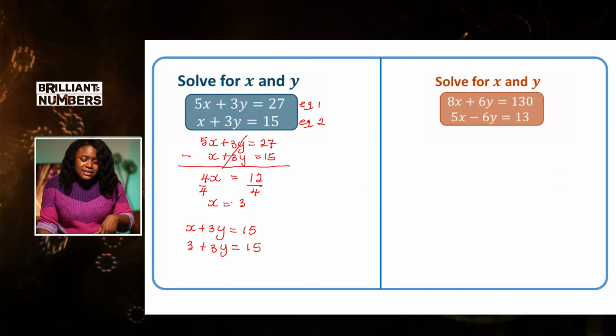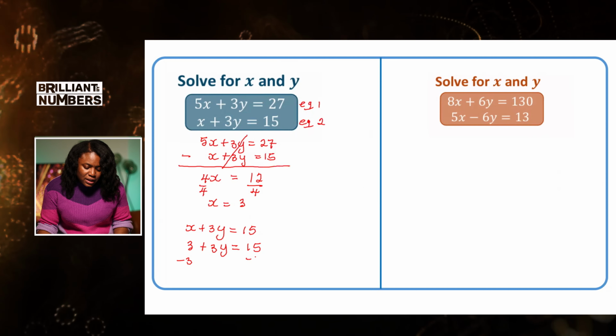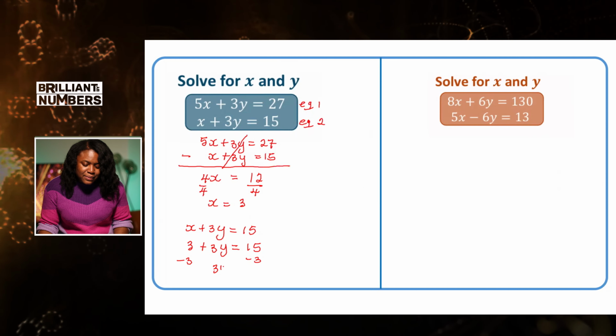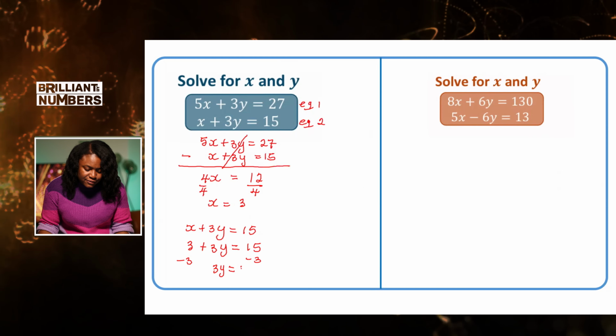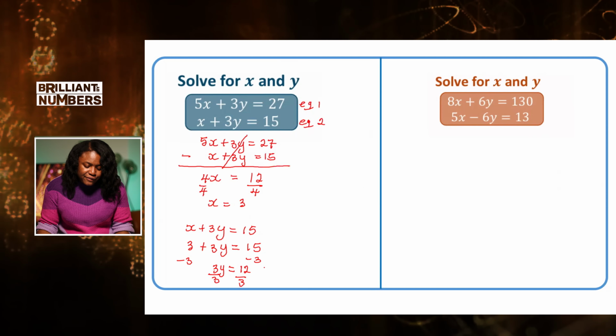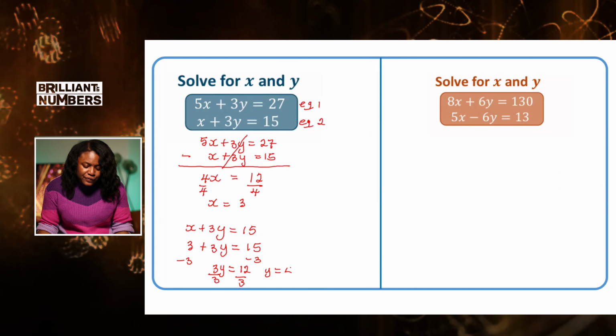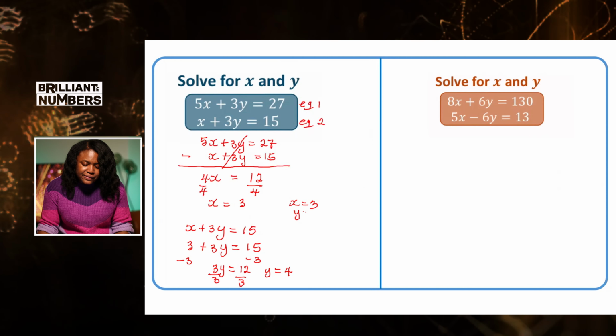So we're rearranging to make y the subject. So we need to subtract 3 first of all. And then we've got 3y equal to 15 take away 3, which is 12. I now need to divide by 3. So therefore, y is equal to 4. So my answer is x is 3 when y is 4.